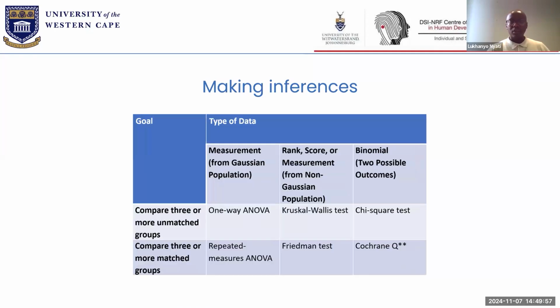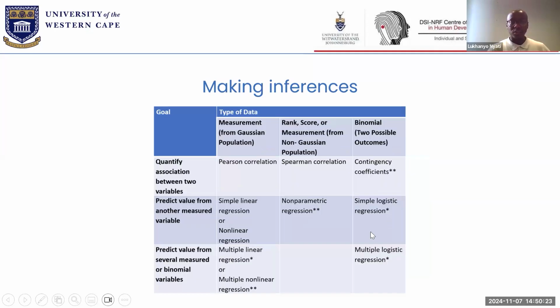There are scenarios where you're interested in comparing more than two groups, three or more groups, and these are the different tests that are available for variables which follow a Gaussian distribution. If they don't follow it, then you can use a Kruskal-Wallis test. And for proportions, you can use a chi-square test. There are other tests as well that are listed in this table.